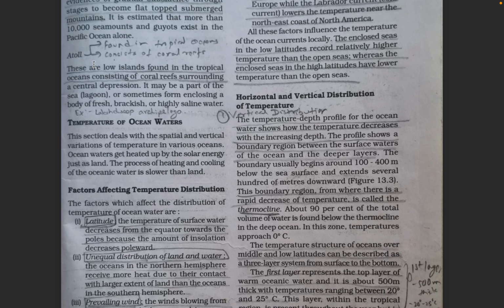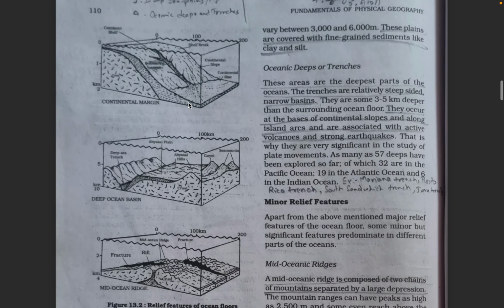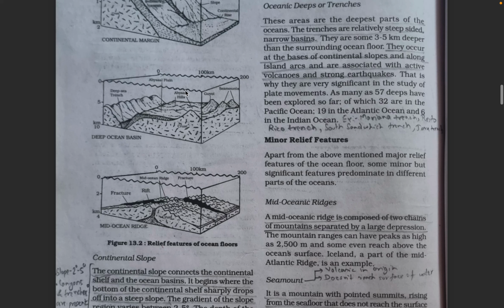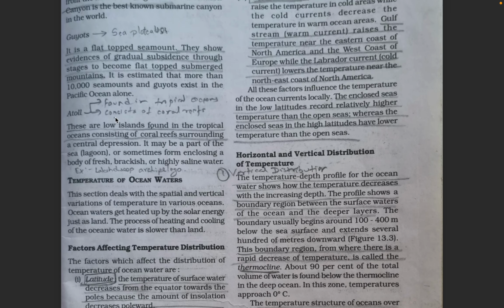Atolls are found in tropical oceans. In the tropics only, these atolls are found and consist of coral reefs. So what are atolls actually? Atolls are mountains that have risen from the sea floor but are just slightly over the ocean, not that much over the ocean. So those are the atolls. They have land just over the ocean. For example, the Lakshadweep archipelago is one of the examples of an atoll and consists of coral reefs.